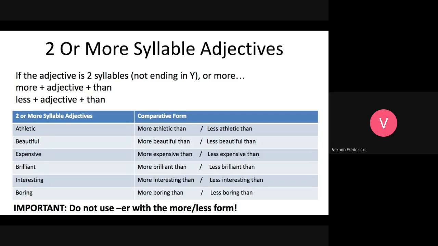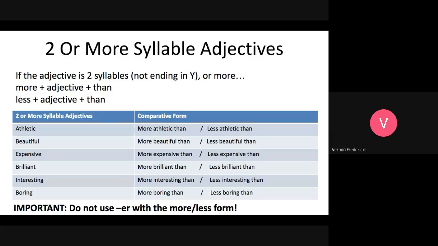Okay, so the first adjective is athletic. More athletic than, less athletic than. How many syllables are in the word athletic? Athletic. Three syllables.